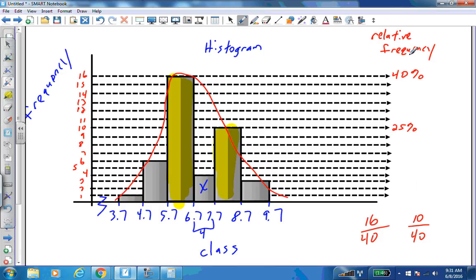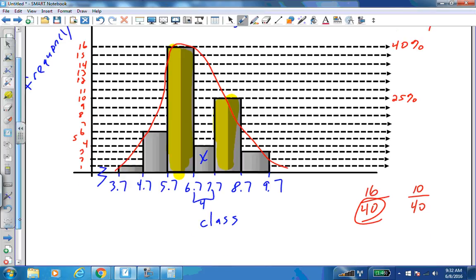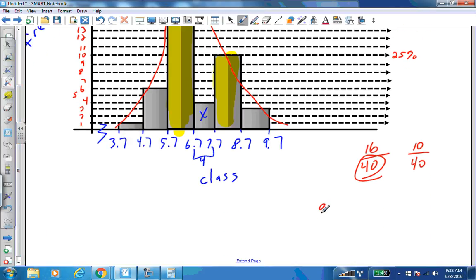So relative, that just means we convert it into a proportion. How does that class compare to the whole? And as I messaged some of you, a percent is just a portion or a part divided by the whole and then converted into an actual percentage.